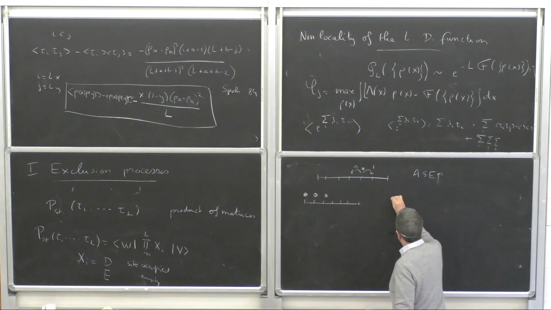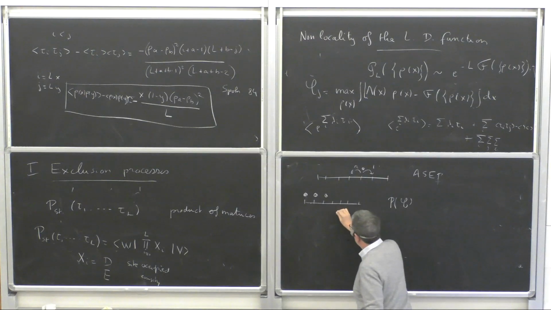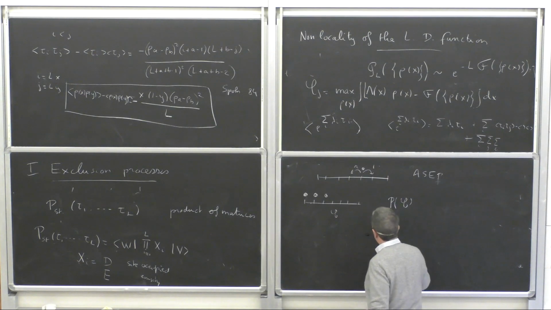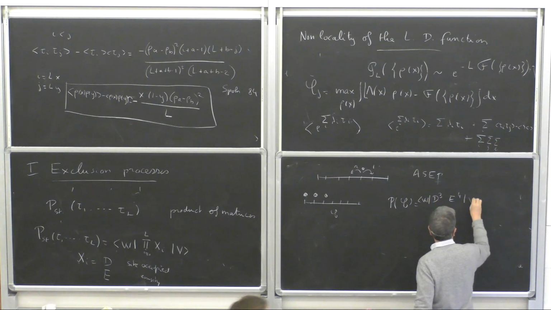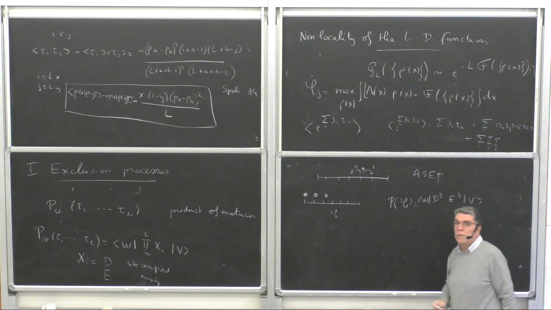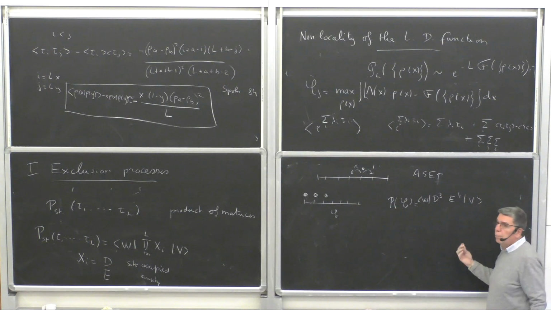Then the probability of this configuration will be D cubed E to the 4, W V, and these are the weights up to a normalization.